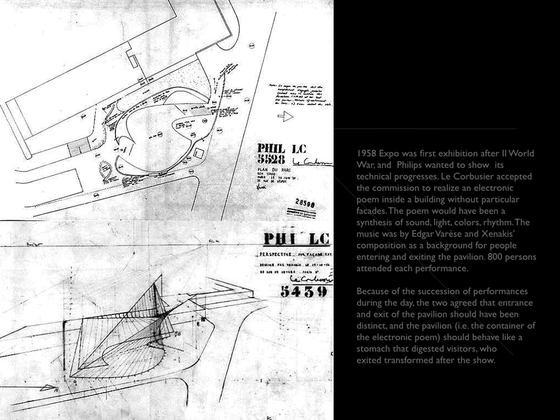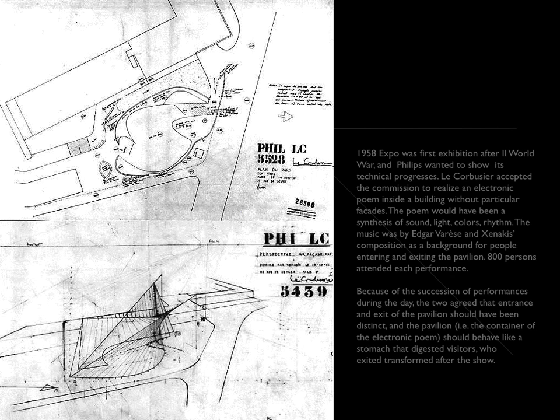And this poem was basically a form of a multimedia show with sound, music, colors, rhythm, and projections integrated with architecture and a performative type of experience. The music was composed by Edgar Varèse, a very famous modernist composer, and Xenakis, who was his student and disciple at the time. Later he became his competitor.